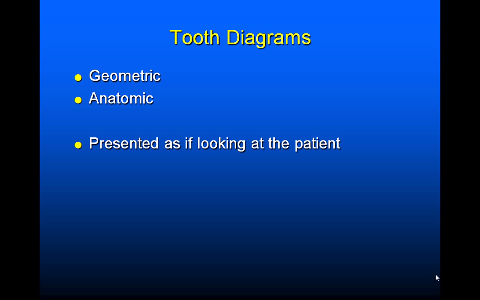So as you look at a tooth diagram, the left side of the paper is actually as if you're looking at the patient's right side. So it's the opposite of what you think it would be. The left side of the paper is actually showing the patient's right side.